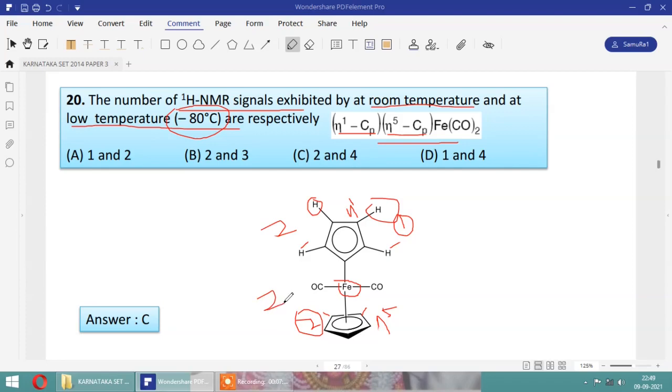So totally 2 plus 2, 4 signals at minus 80 degrees Celsius. So at room temperature there are two signals, and at lower temperature 4 signals. Option C is correct.